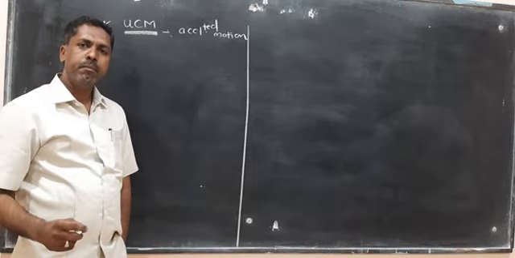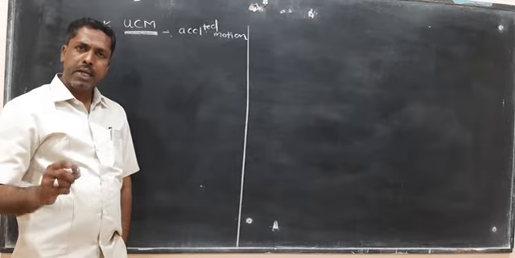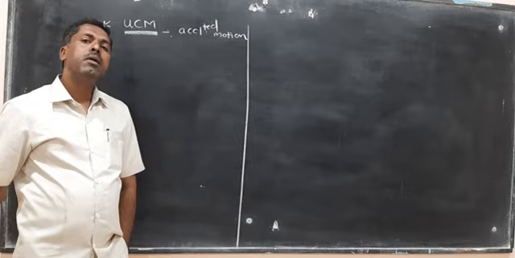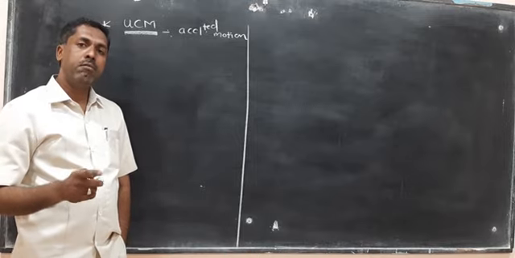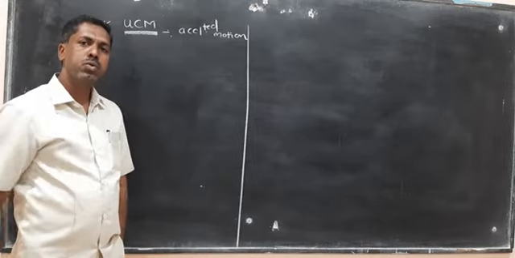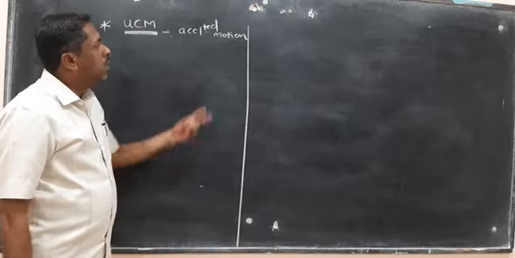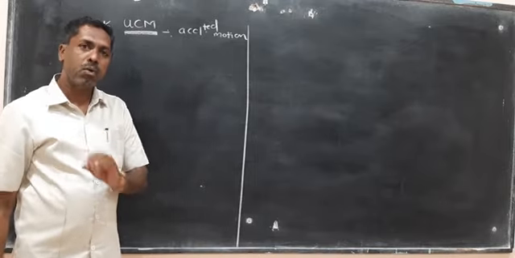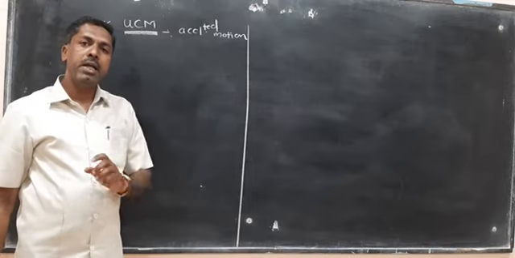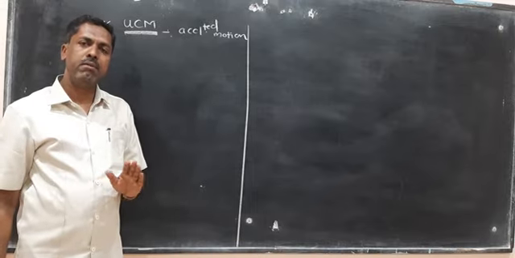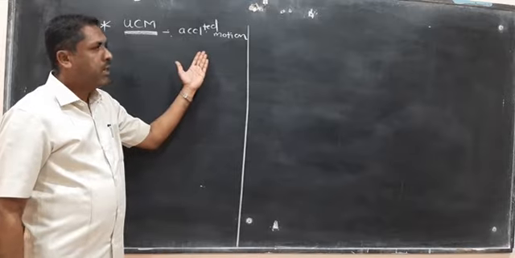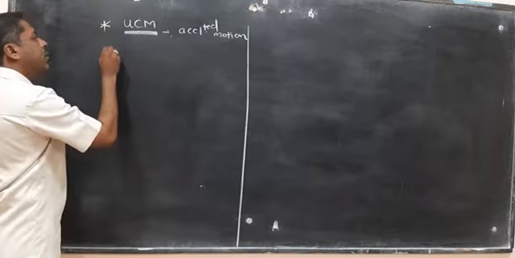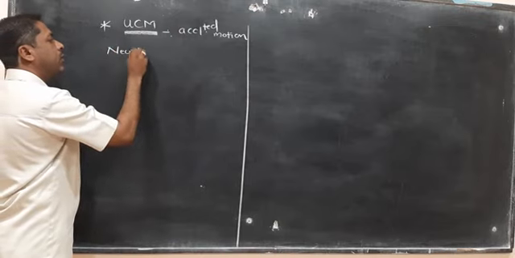That in UCM the magnitude of velocity does not change, but the direction of velocity changes. It means that UCM is accelerated motion, okay, and it can be explained with the help of Newton's second law.